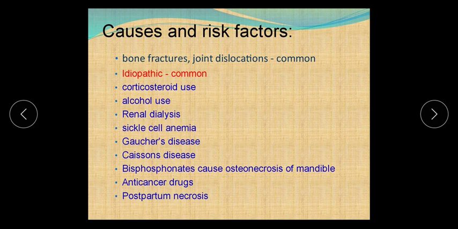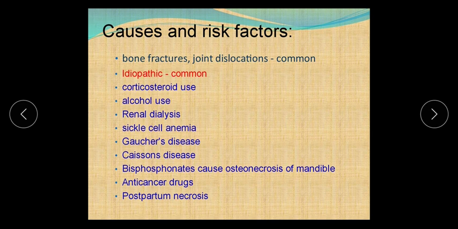What are the causes and risk factors? Fractures at the neck of the femur or other fractures, and joint dislocations, are a common cause of AVN. Among the non-traumatic causes, idiopathic is the most common.